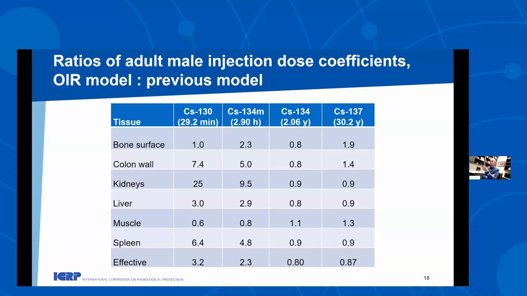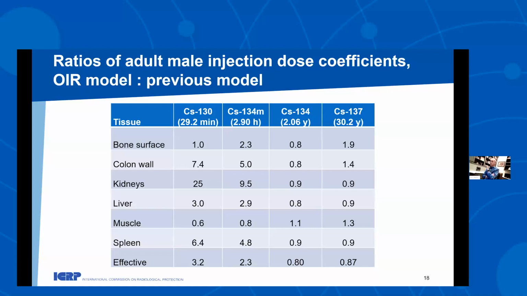For example, the kidneys for cesium-130: based on this OIR model, the dose is 25 times higher than the dose based on the older model. But for the two most important cesium isotopes, cesium-137 and cesium-134, you see more modest changes from the old model.